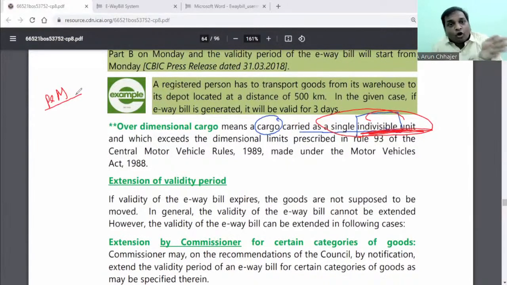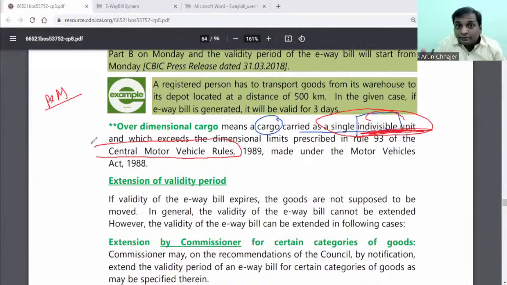If I put this on a vehicle, then whatever maximum dimensional limit is prescribed in the Motor Vehicle Act, by putting that machine the maximum dimensional weight is exceeded.